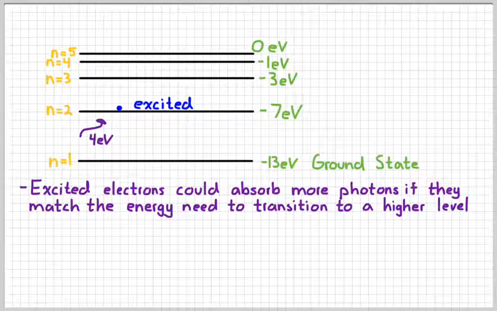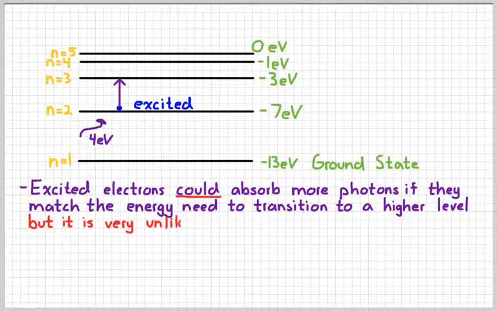So 4 eV would exactly match the difference between 3 and 7. So that thing could be absorbed. Keyword here being could. It is very statistically unlikely for that to actually happen. But in a large enough sample we would observe that it would happen. But again, it's very unlikely that would happen in any specific case.